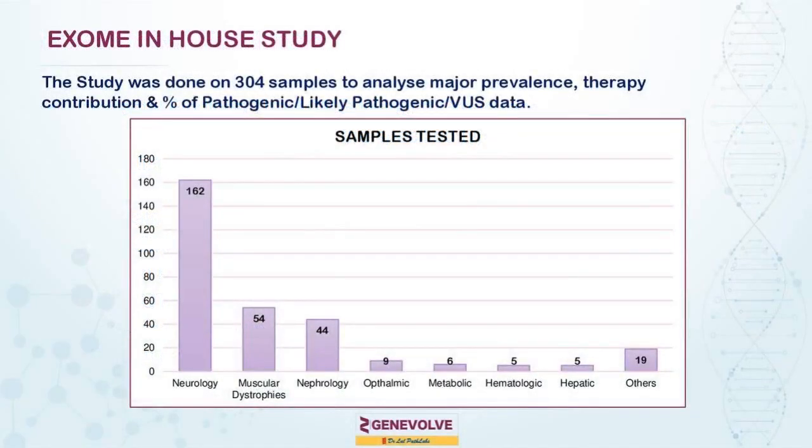As part of the exome analysis, which has been done in-house, a study was done on 304 odd samples across the various therapy regimes. These are the cases which we have tested for various conditions, including neurology, muscular dystrophies, ophthalmic, hepatic, and others.